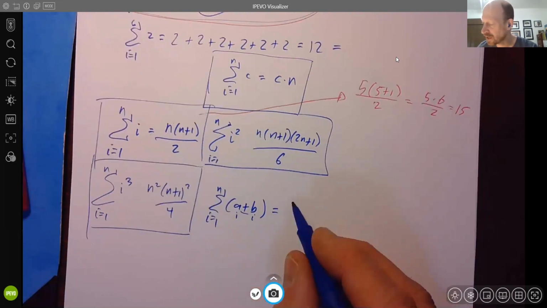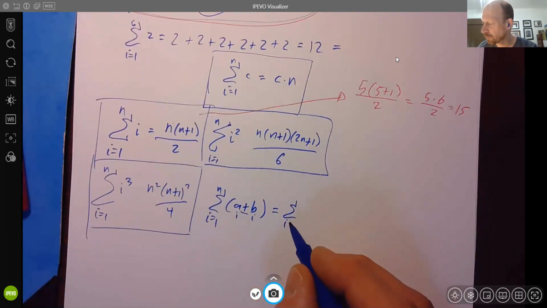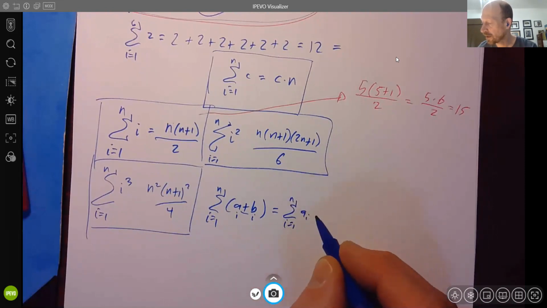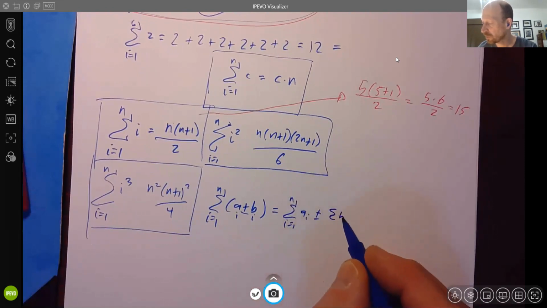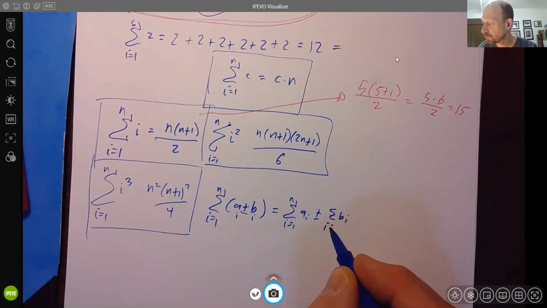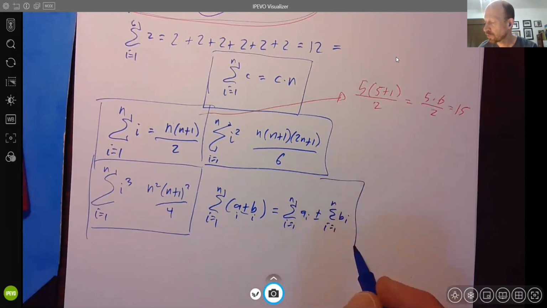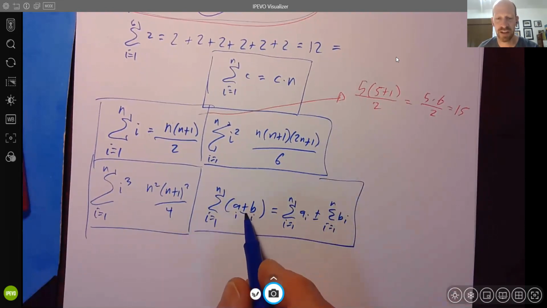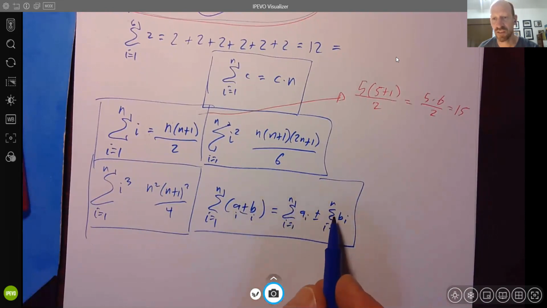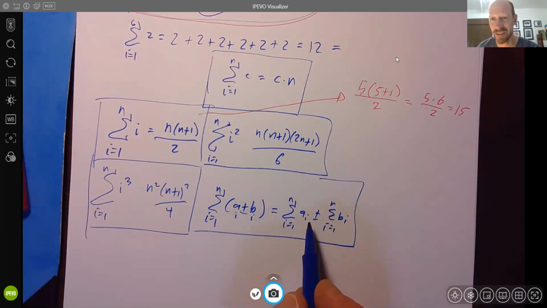Turns out that's the same as just adding up the a_i's and then adding or subtracting the b_i's. So if I have a sum or a difference here, I can just sum each piece individually and then add them or subtract them together. It's not anything revolutionary, it's just exactly the way that sums work.